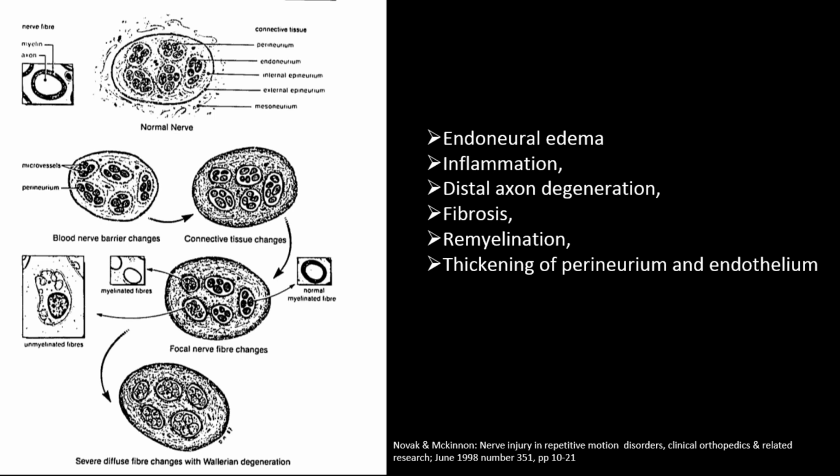With more chronic compression, there is fibrosis and remyelination, where the nerve is trying to heal itself and remyelinate the areas which are demyelinated, and there is thickening of perineurium and endoneurium. So in chronic nerve compression, we see more connective tissue changes, where the connective tissue layers are thicker and there is still loss of fascicular pattern.